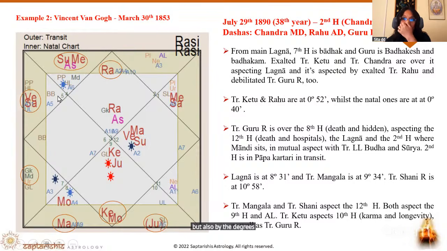And transit Shani is also near. And transit Mangala and transit Shani aspect the 12th house. Both aspect the 9th house also.